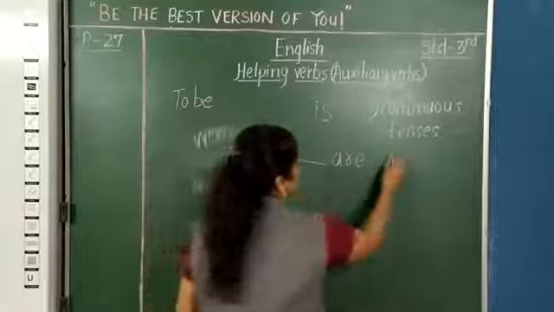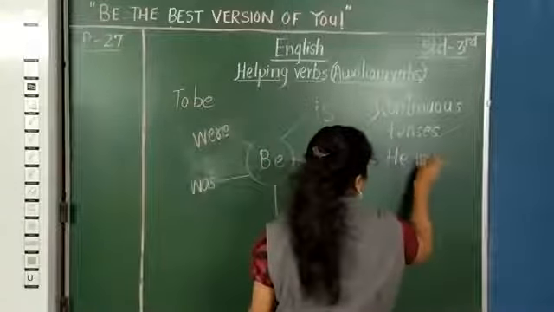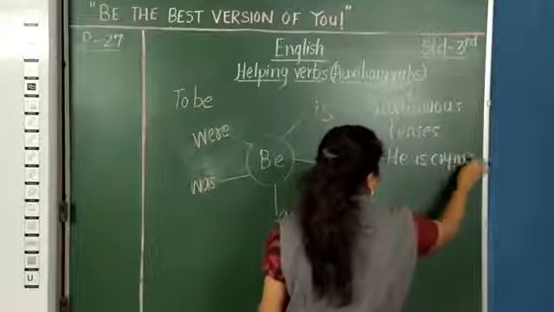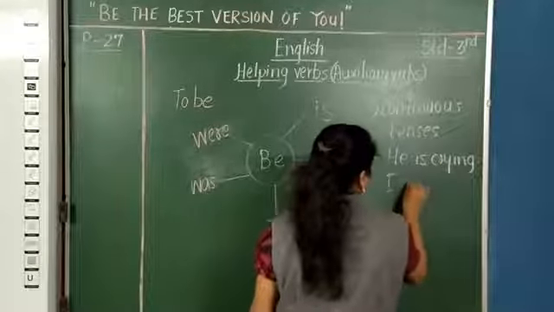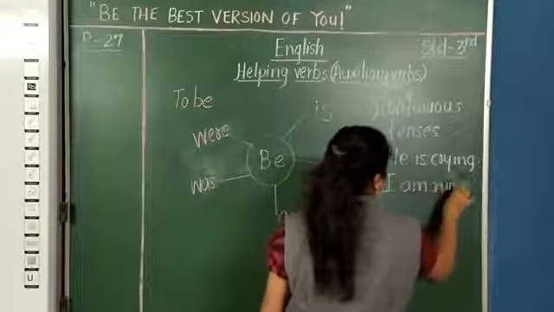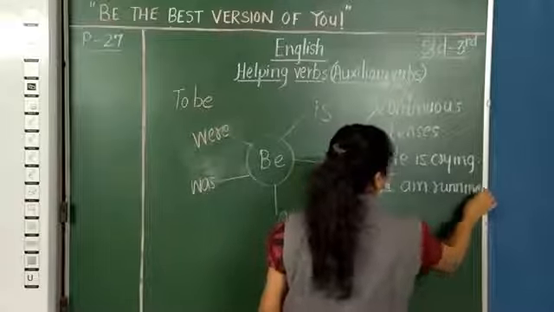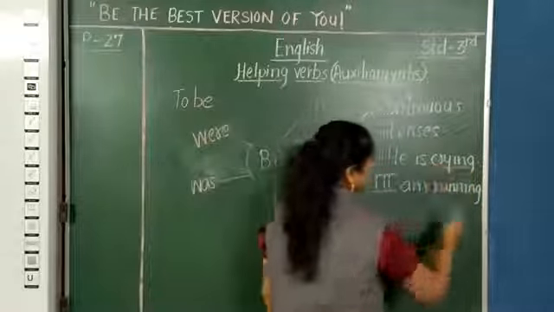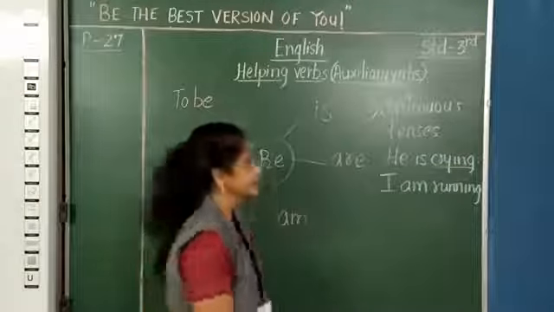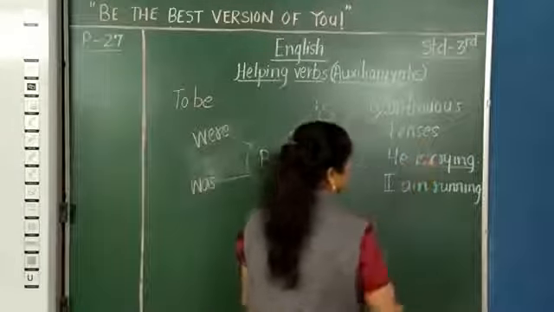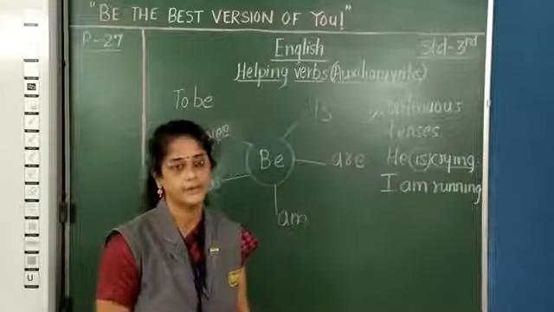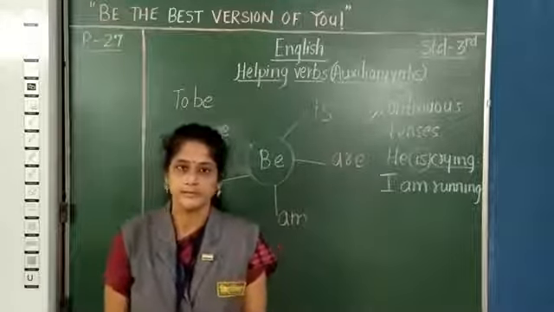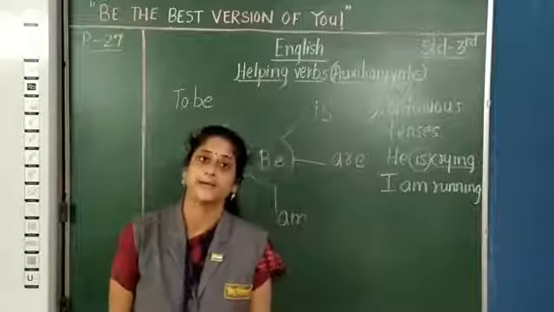Example: he is running, I am running. Here you can see in these examples that there is a main verb in ing form, and there is a helping verb which supports the main verb in a sentence to make it complete or make sense.